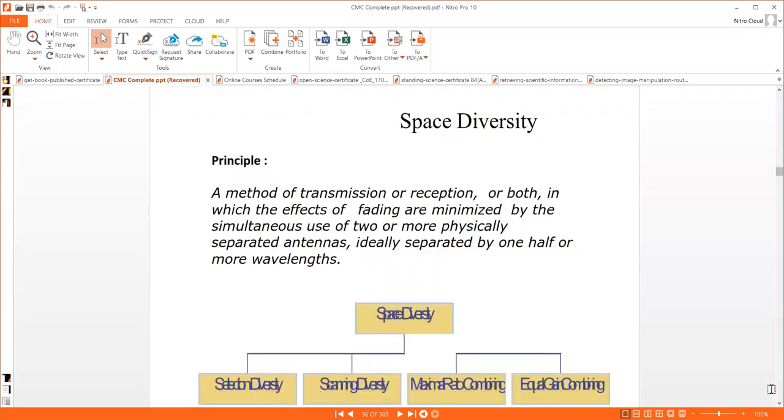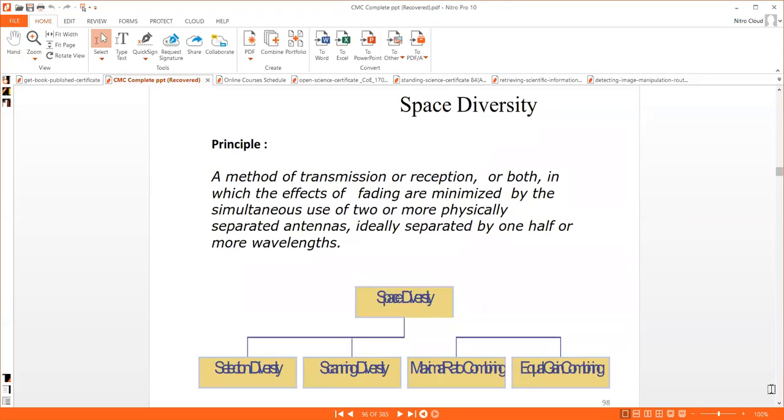Next, coming to the topic, space diversity. It is a method of transmission or reception, or both, in which the effects of fading are minimized by the simultaneous use of two or more physically separated antennas, ideally separated by 1/2 or more wavelengths.